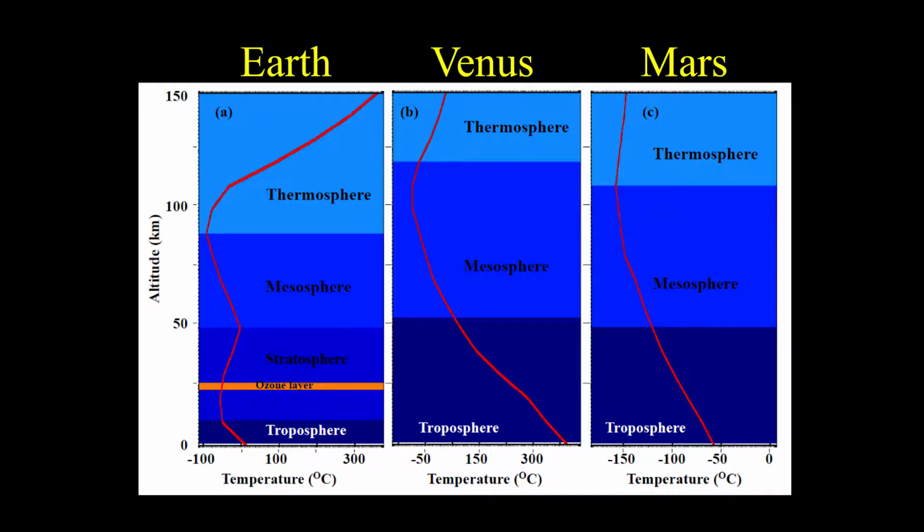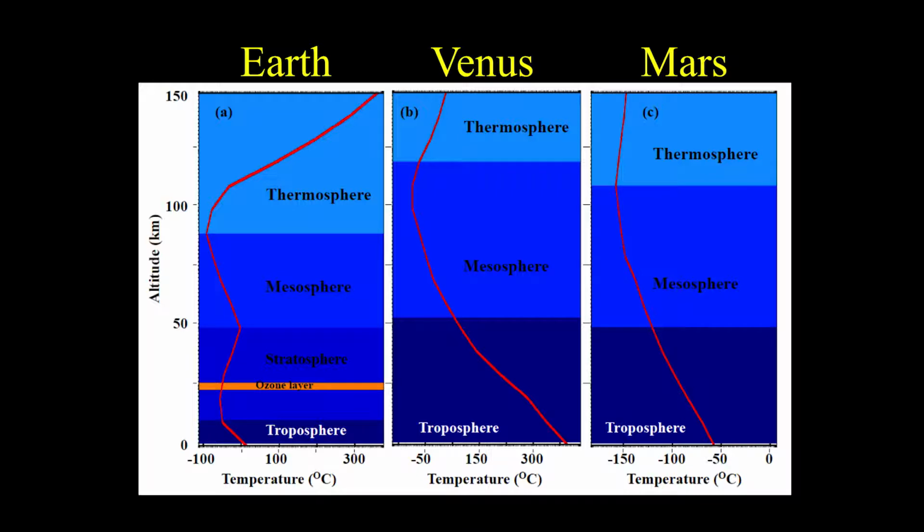Again, Venus's atmosphere is composed mostly of carbon dioxide. It contains minor amounts of nitrogen and other trace elements, including compounds based on hydrogen, nitrogen, sulfur, carbon, and oxygen.